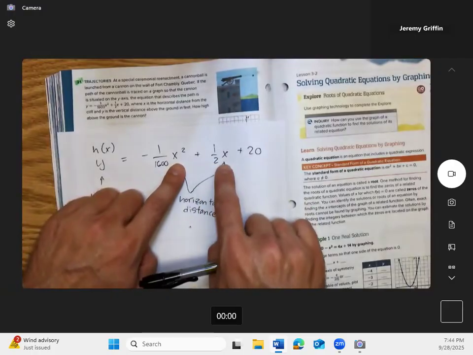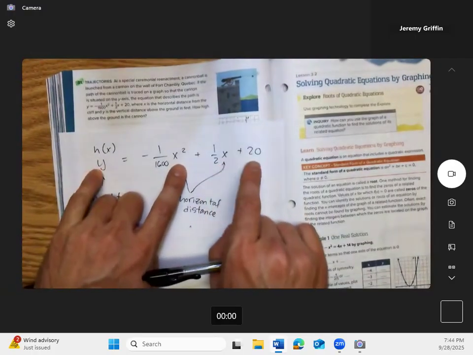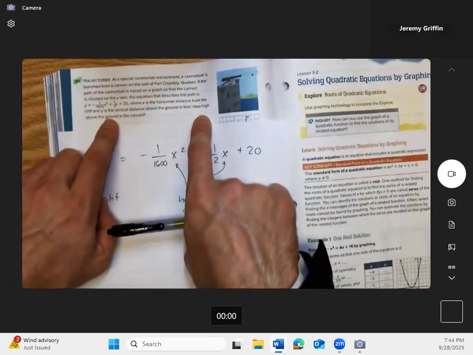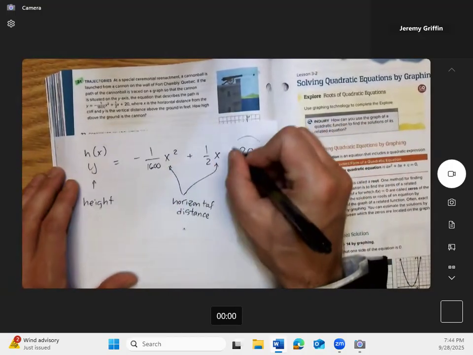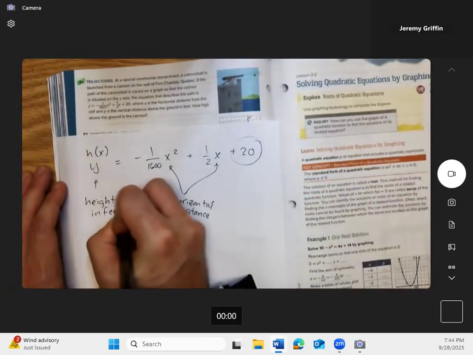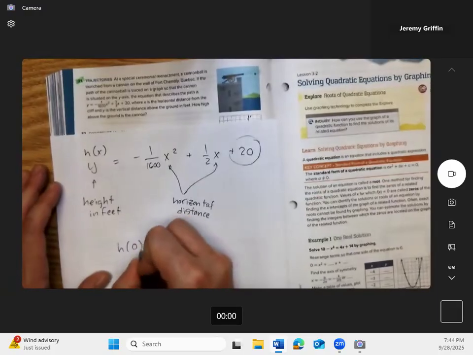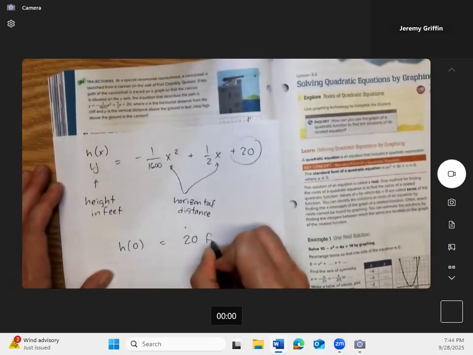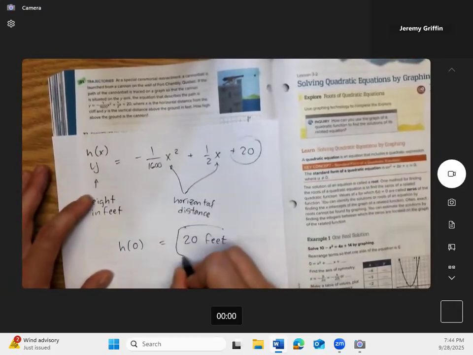Then you'll get the height of the cannon, which would be 20 feet, wouldn't it? Oh, actually, that was the question: how high above the ground is the cannon? This is the answer right here. Height in feet, so h of 0 equals 20 feet. That's the answer.